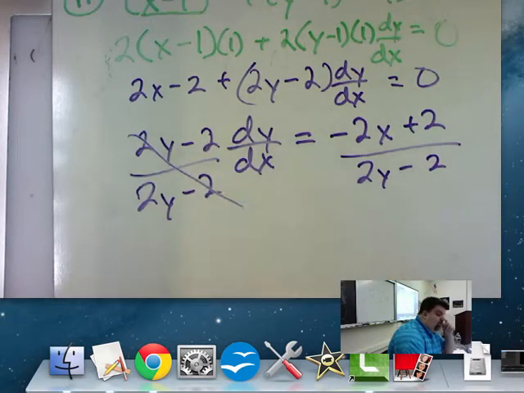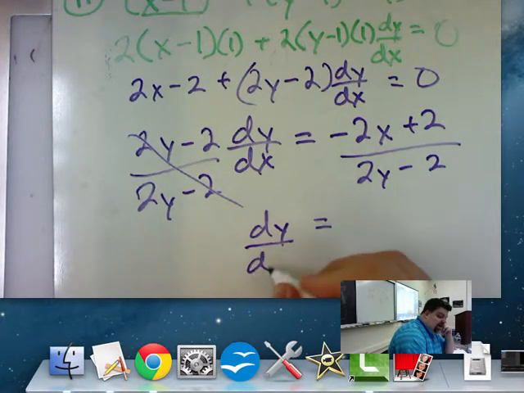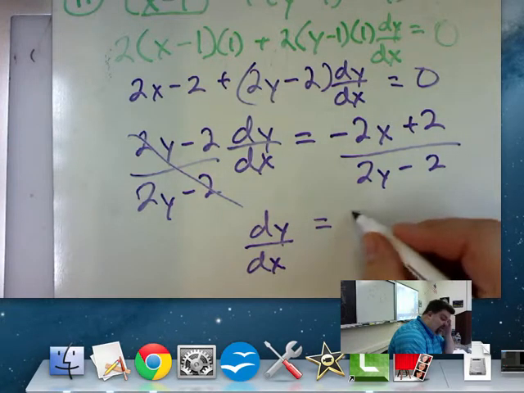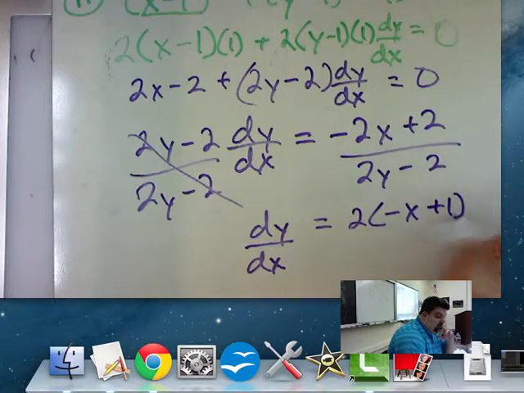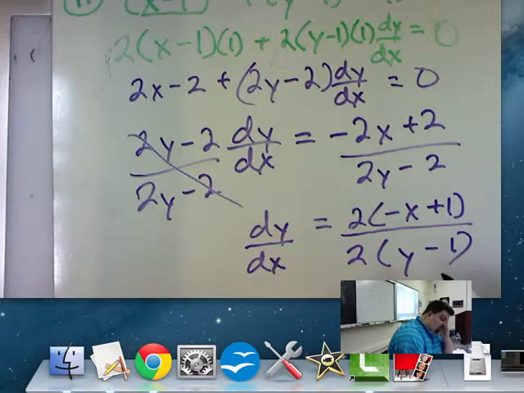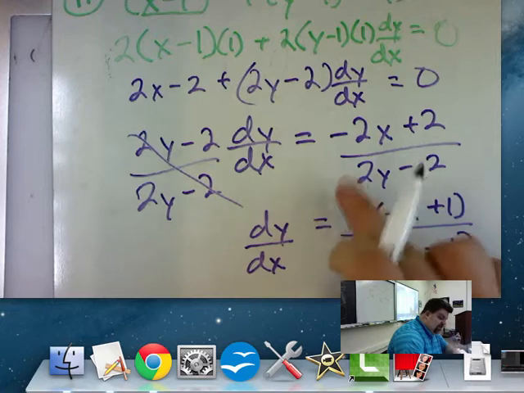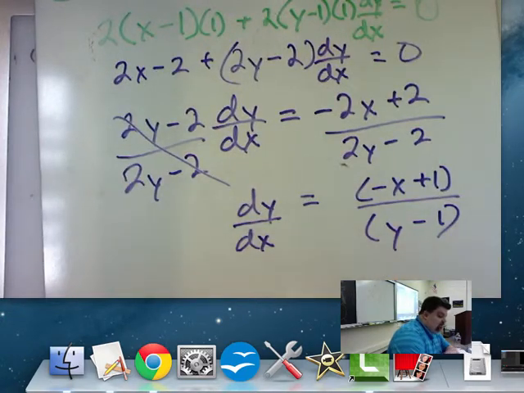And about halfway through the problem I realized I probably didn't need to push that 2 through. Do you guys see why? Because I could factor it out at the end. So if I factor out a 2, I get negative x plus 1, and then over here if I factor out a 2, I get y minus 1. And these 2s go away, right? So there's my dy/dx.